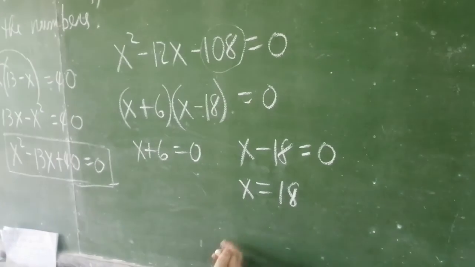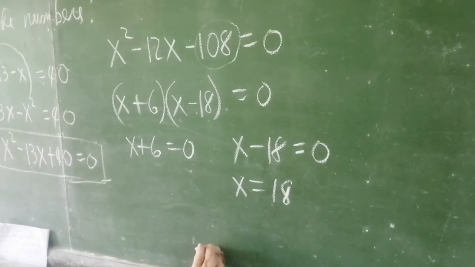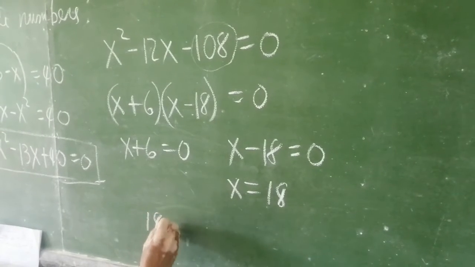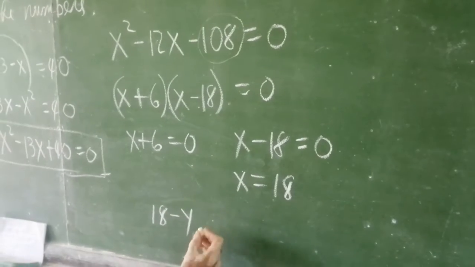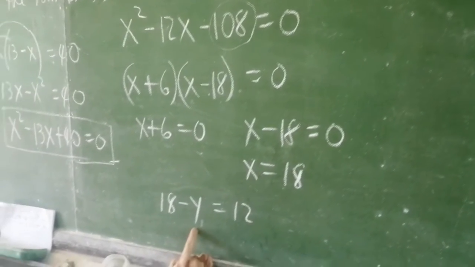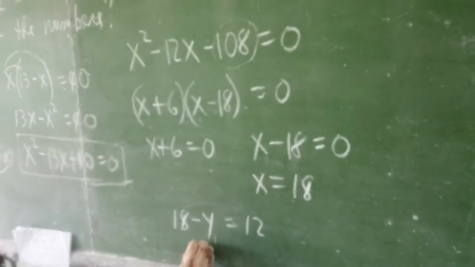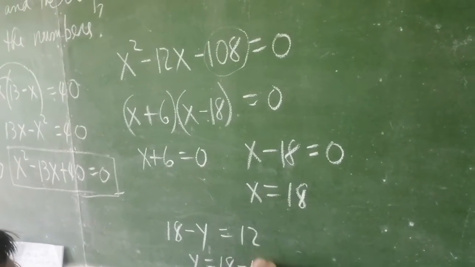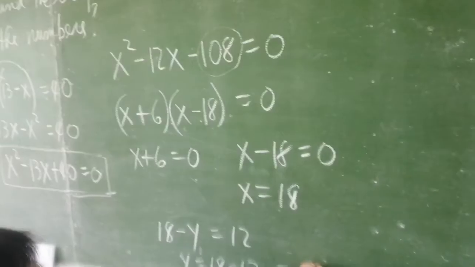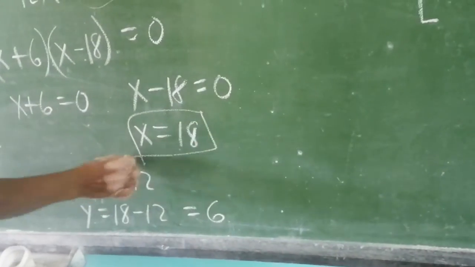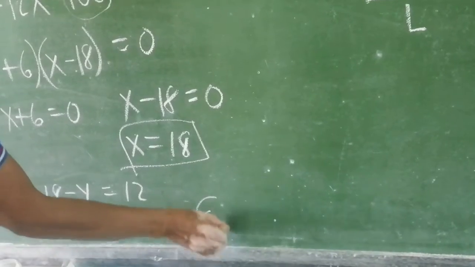So if that is the one number, the other number must be 18 minus y will be equal to 12. So solving for y, y will be equal to 18 minus 12, which is 6. So the two numbers are 18 and 6.